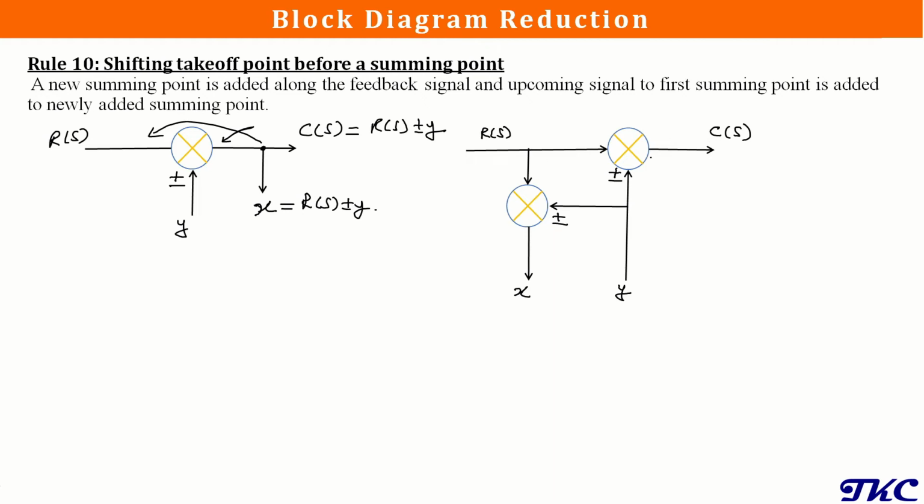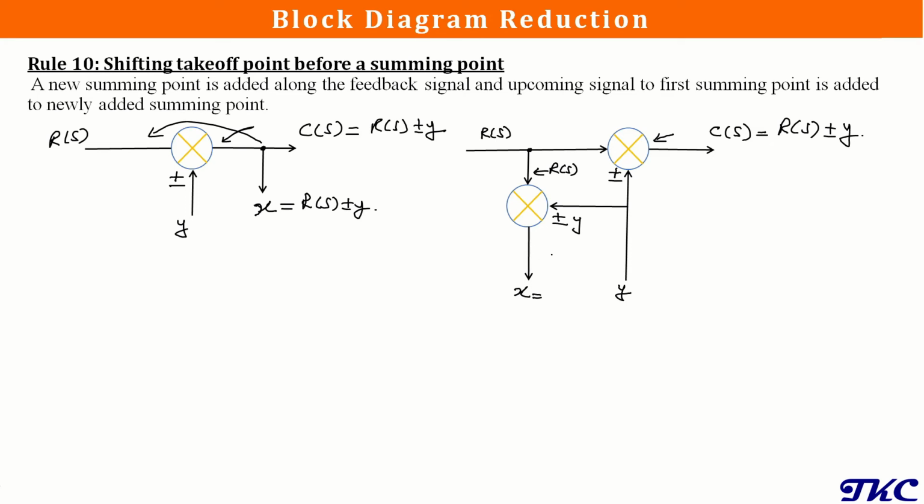To get the output, we need to know the signal after this summing point. It will be the addition of these two signals, R(s) and Y. We will have the output as R(s) plus or minus Y. Now to find X, we again see what signal is coming before this summing point. That signal is R(s) here, and we also have Y here in positive or negative form, the same signal.